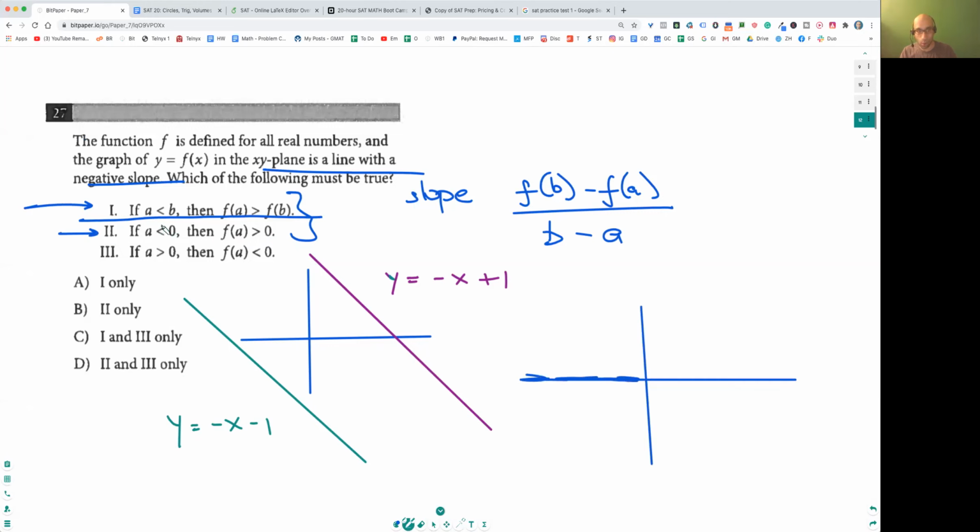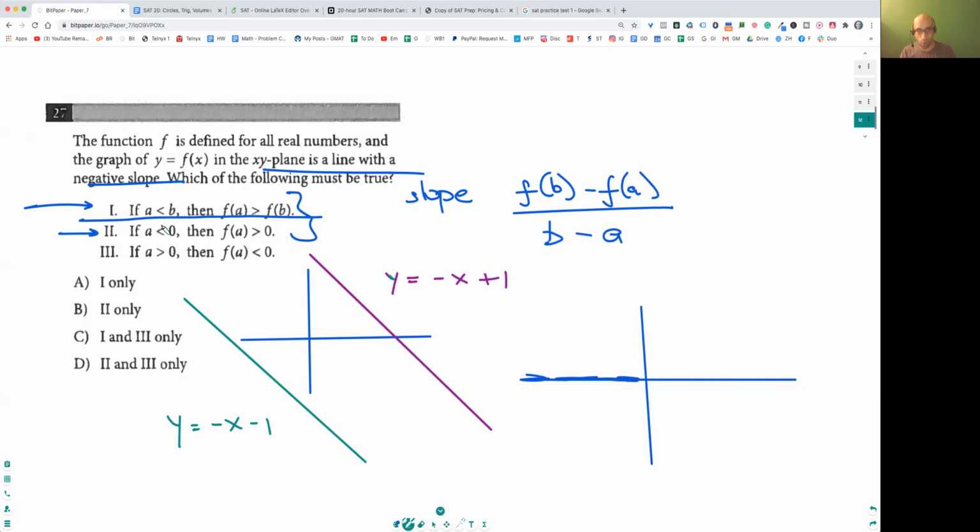Look at this example here. If a is less than 0 here, what do you get? Let's say you've got negative 0.5. So substitute x equals negative 0.5 here. What do you get? y is equal to... and so you can think about these answers here.